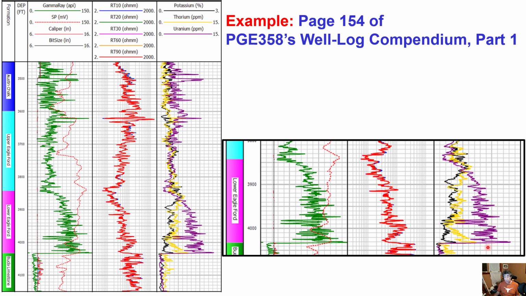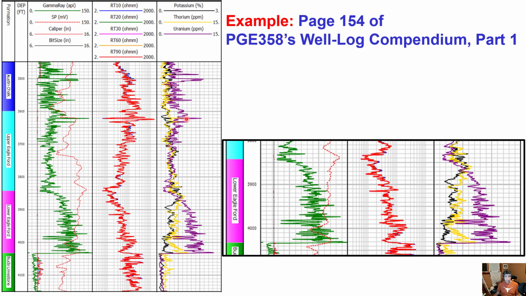In fact, in organic shales, it is very commonly the case that the presence of organic material is immediately detected by the abnormally high values of the uranium component of the spectral gamma ray logs. In fact, if you go to the upper Eagle Ford part, you are going to see that the upper Eagle Ford also has traces of organic material, and sometimes we even have that in the Austin Chalk, as you see here.